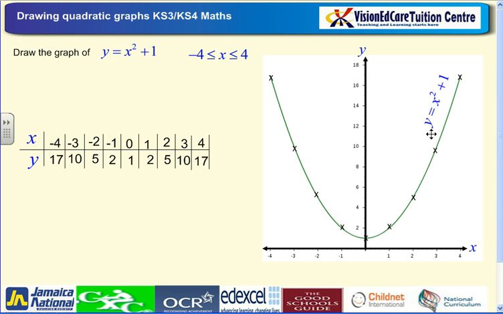After you draw your curve, you label your graph. Y is equal to x squared plus 1. Again, if you notice here, the coefficient of x squared is positive, so the graph has this U shape.